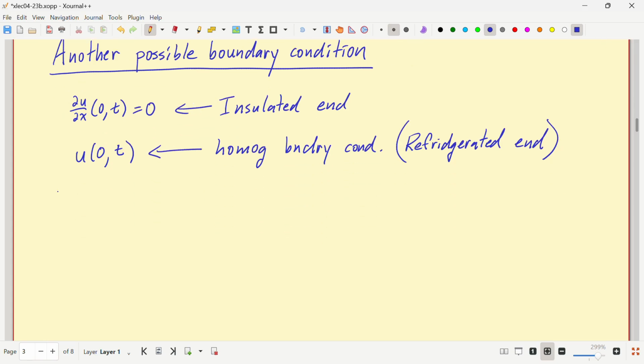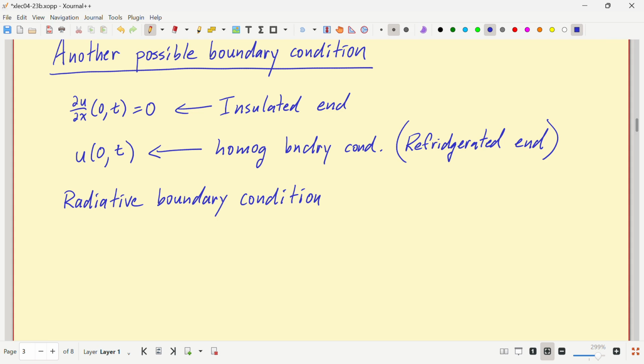Well, here's the radiative. This is called the radiative. You've heard of infrared heat. So the radiative boundary condition: when something's red hot, that red color, it's bleeding energy out by radiating heat.